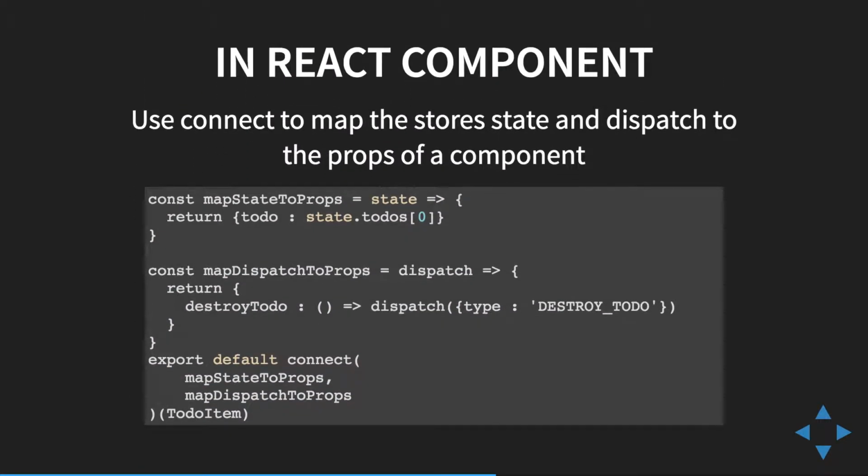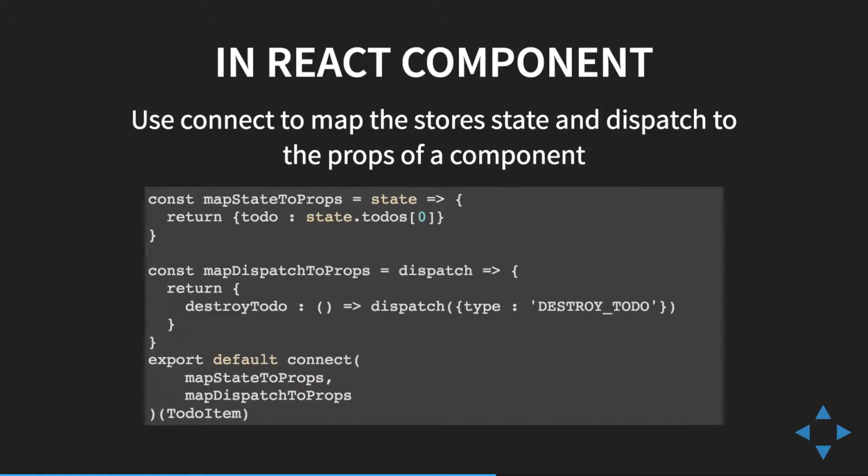In the React component, use connect to map the store's state and dispatch to the props of a component. Here we have these helper methods, mapStateToProps and mapDispatchToProps.